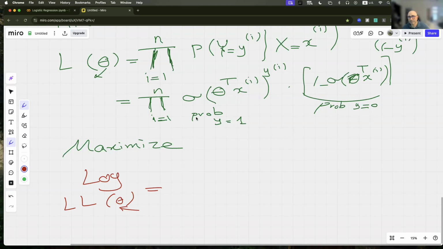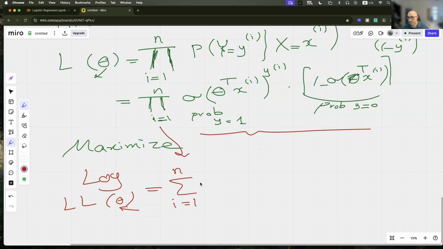So for each case, this will be converted to a summation over each sample. If you have n samples, for instance 10,000 rows, then n would be the number of rows, 10,000.